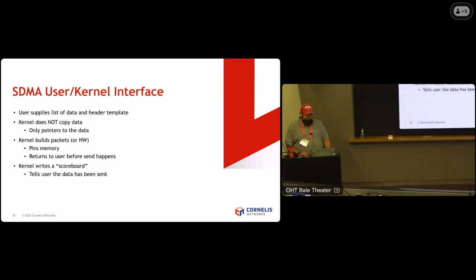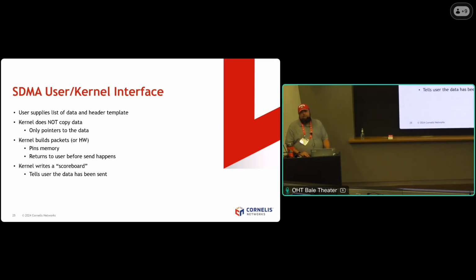There are ways around that using something called io_uring. Users can actually have fully asynchronous ways of doing file descriptor operations. But in general, we return before the send happens. So once it returns from this call, you know that the packet is going to launch.